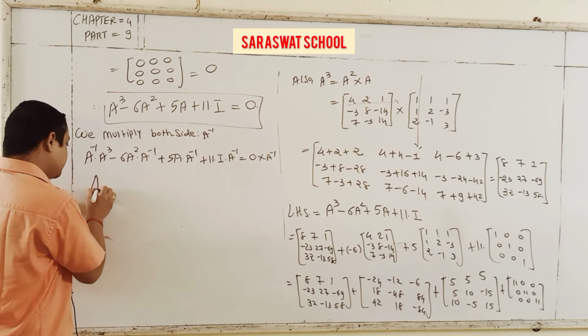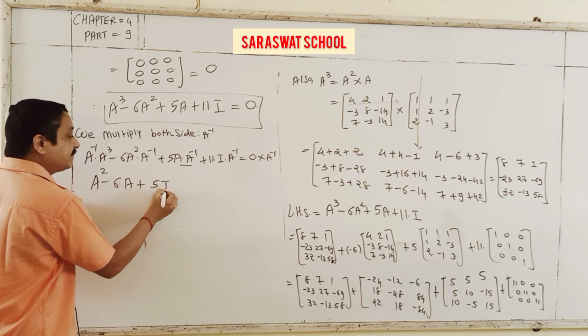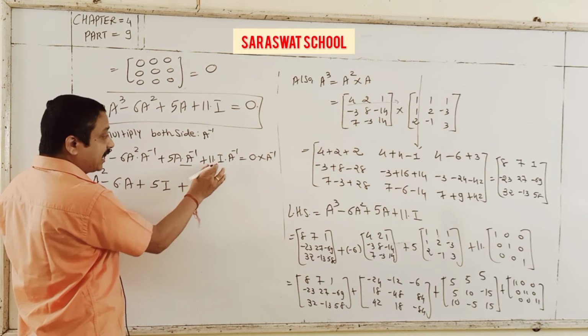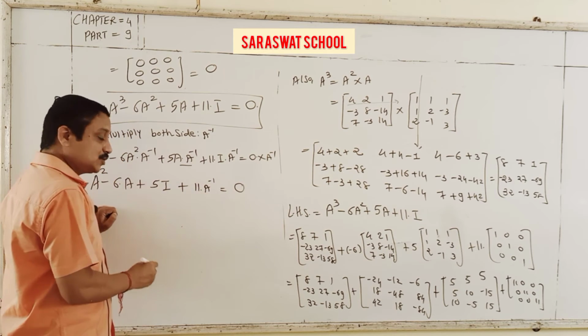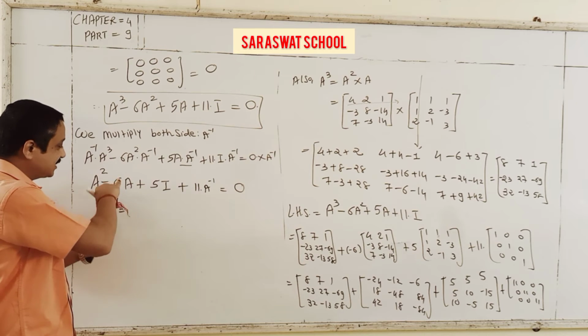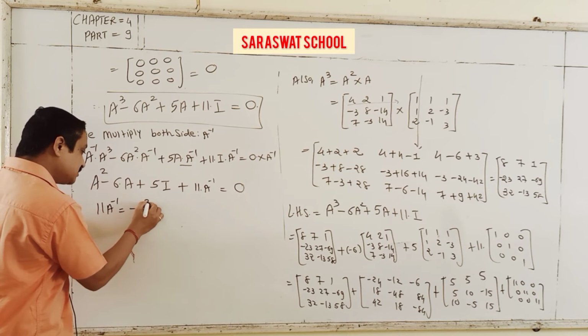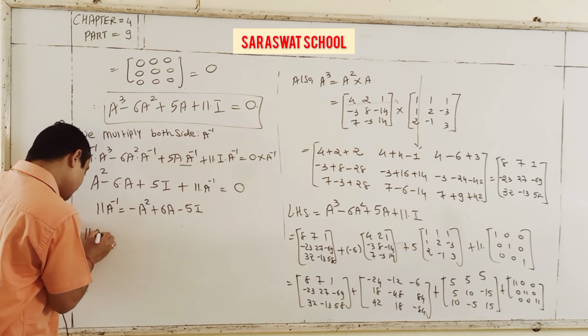So here A square coming, it is 6A, that is the I. Here I with anything, it is anything. So 11A inverse is as much as simple, take the right side: minus A square plus 6A minus 5I.